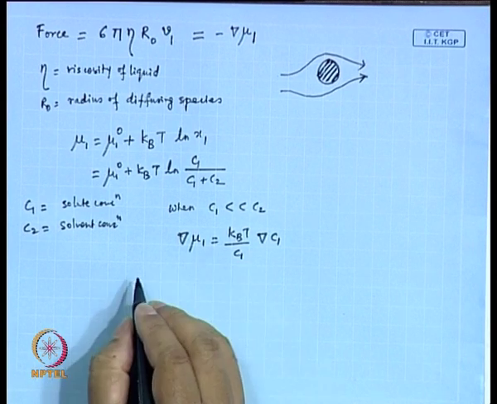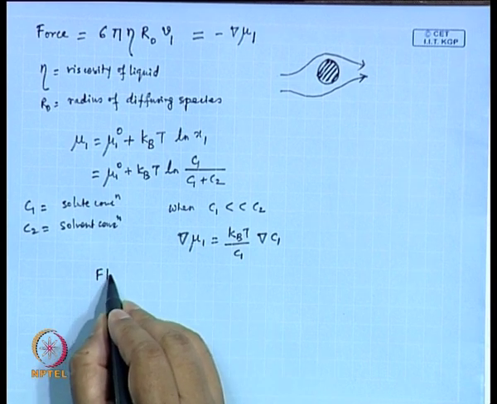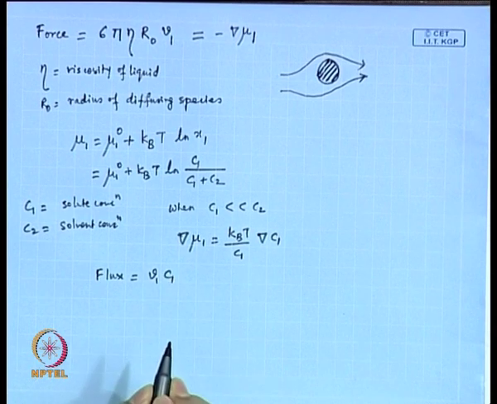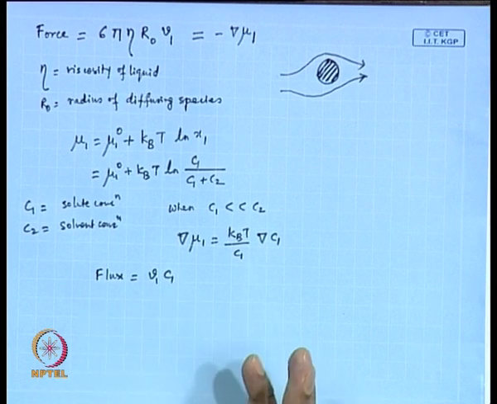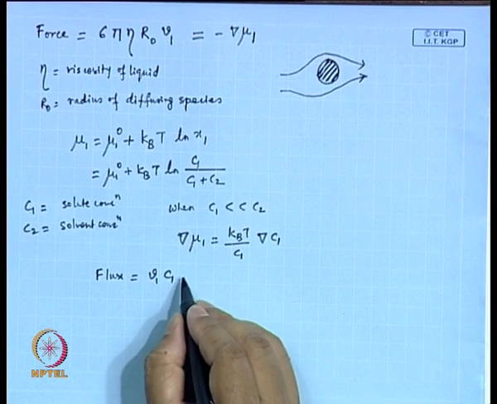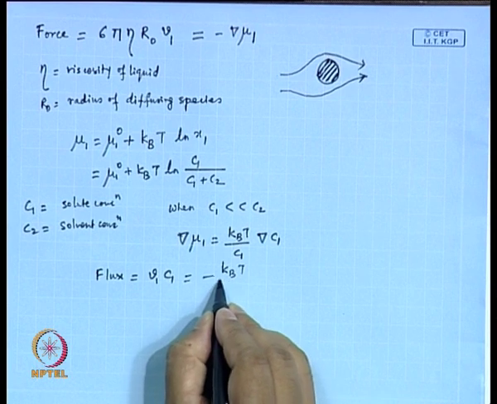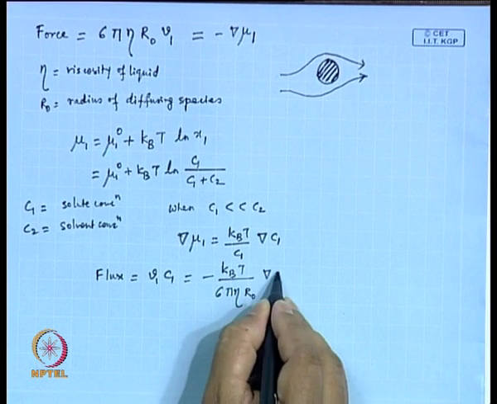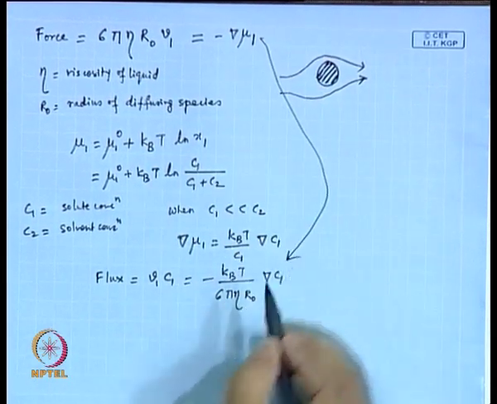And the flux, in the context of mass transfer, is equal to V1 into C1, the solute concentration times the velocity of that rigid sphere. So, you can write this as minus kBT divided by 6 pi eta r0 grad of C1, because you are invoking this formula here.